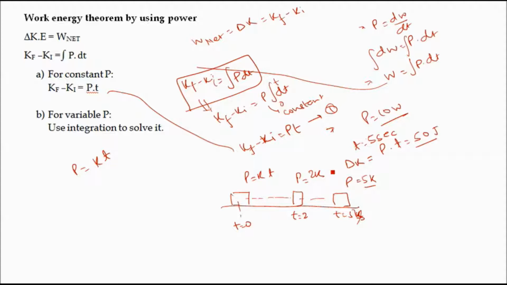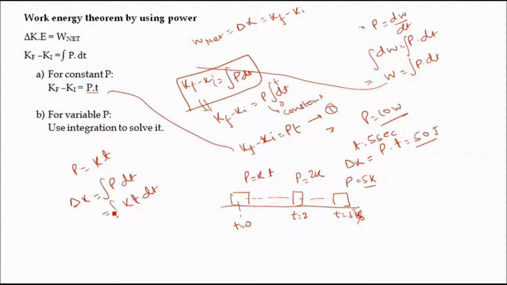So in this case we cannot take P outside the integration. What will be our approach? Our approach will be delta K is equal to P dt, and suppose you have to calculate the change in kinetic energy during the time t. You just write the value of power kt and dt.